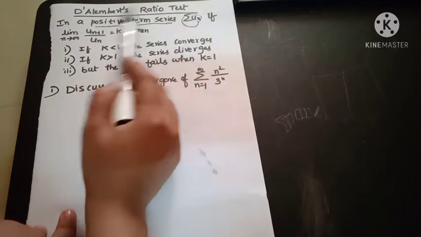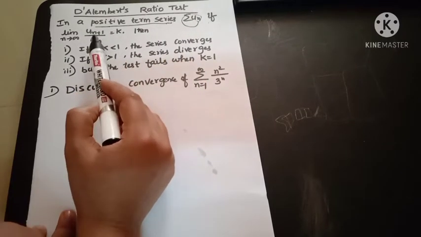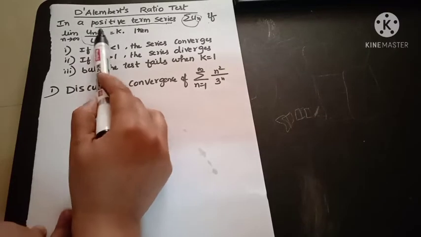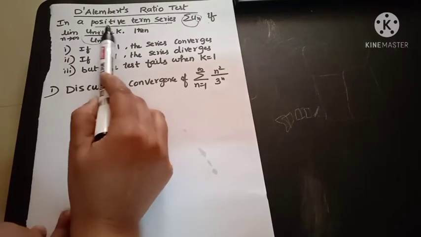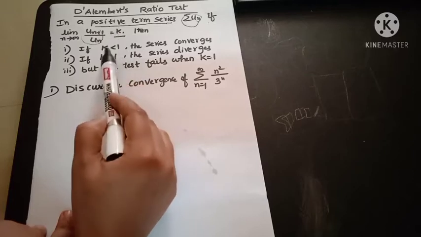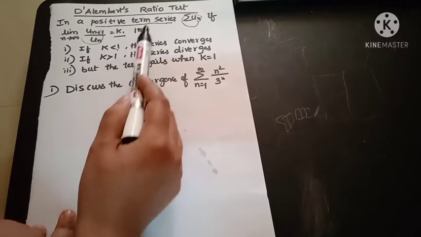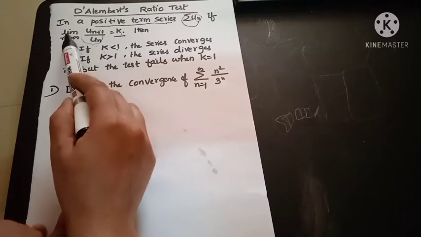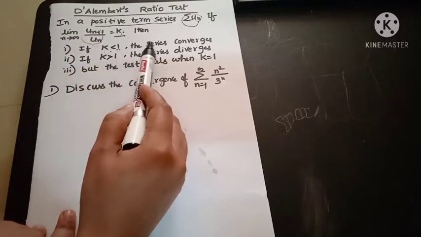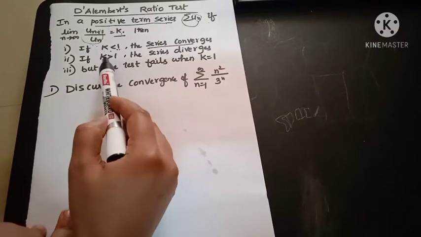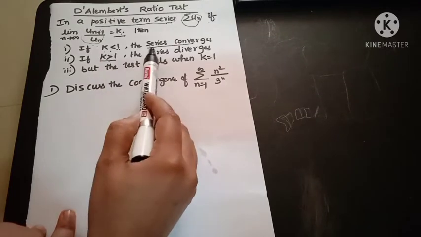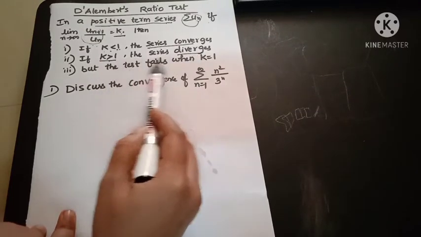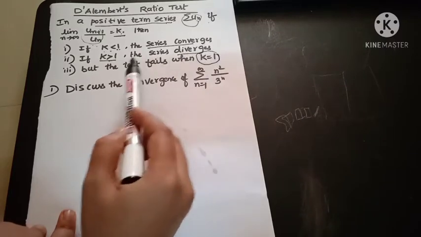If the limit value of the ratio u(n+1) by u(n) is k, and k is less than 1, then the series converges, and if it is greater than 1, the series diverges, but the test fails when k is equal to 1.